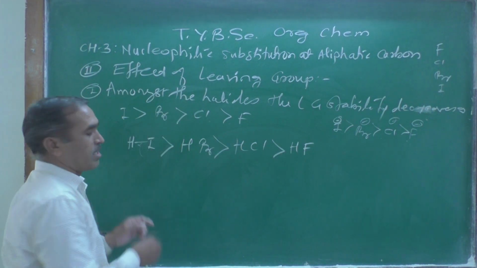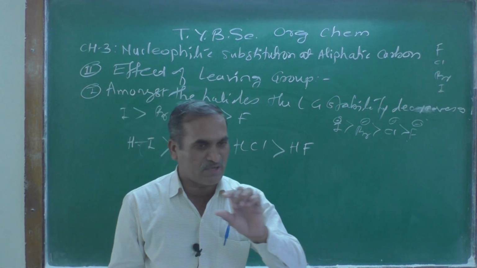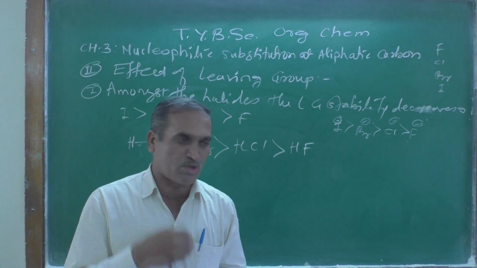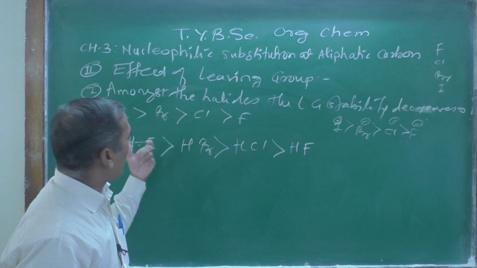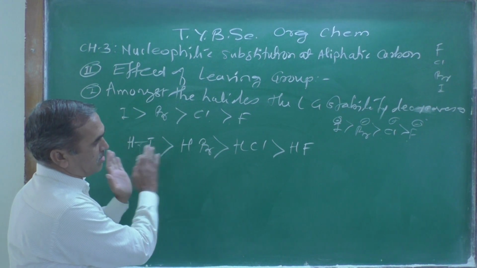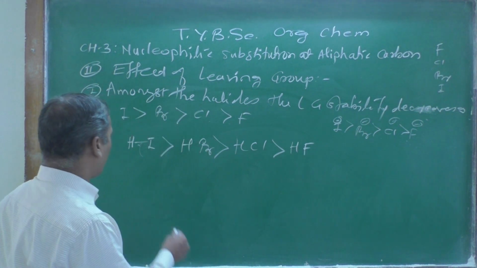Here the energy required to break the bond between hydrogen and iodine is very small, minimum energy is required for the dissociation of H plus, and that's why I minus is a good nucleophile and HI is the strongest acid.